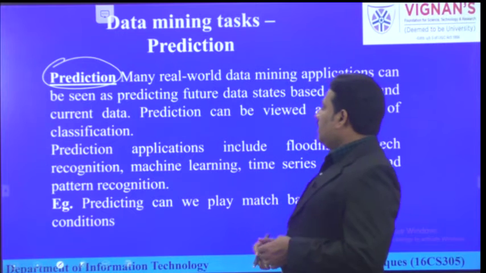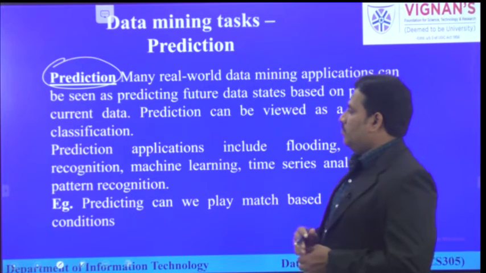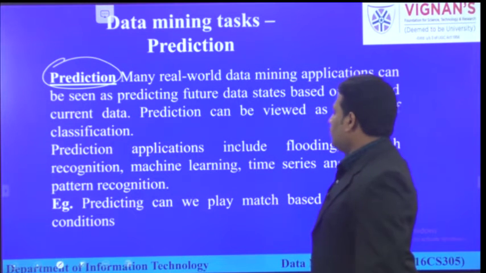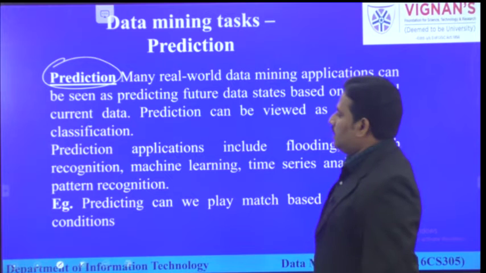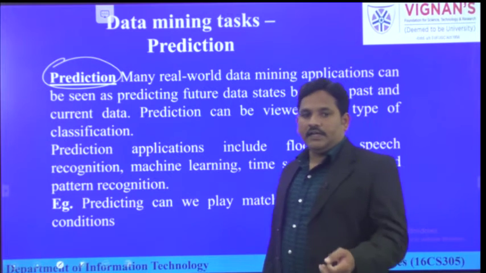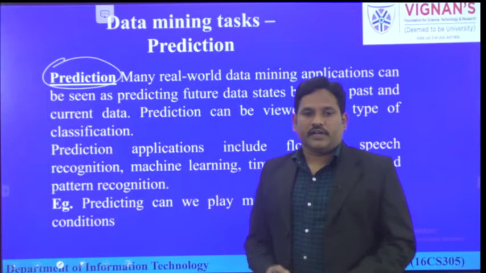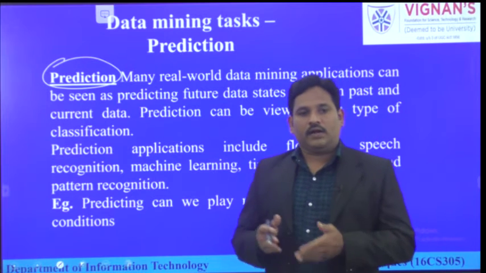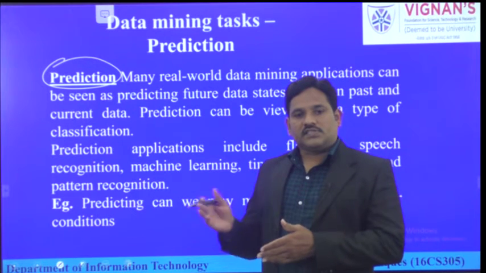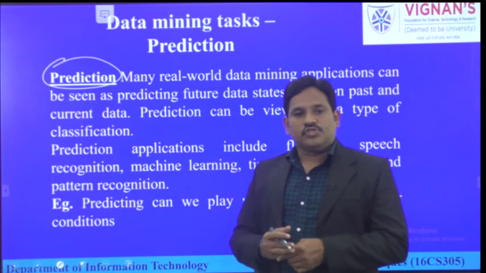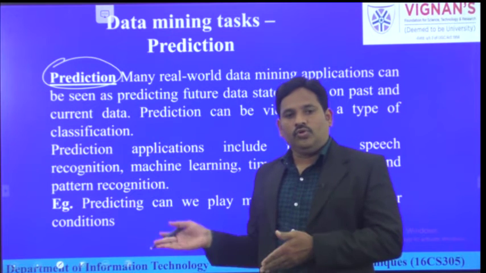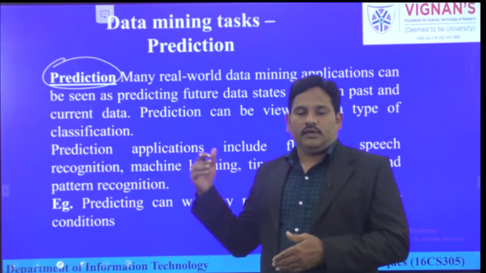Many real world data mining applications can be seen as predicting future data states based on past and current data, like predicting the sales of a company next year, or expecting the profits of a bank or a company by forecasting the future.